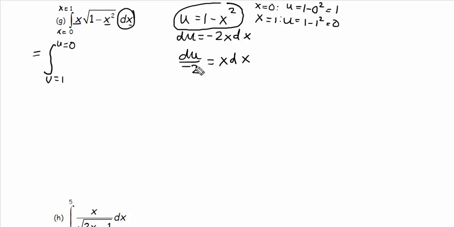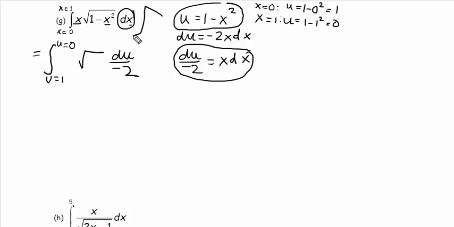And then x dx, I just found out, was du over negative 2. And then I have square root of u right here. So what I'm actually going to do now is bring out the negative 1/2 and then integral from 1 to 0.